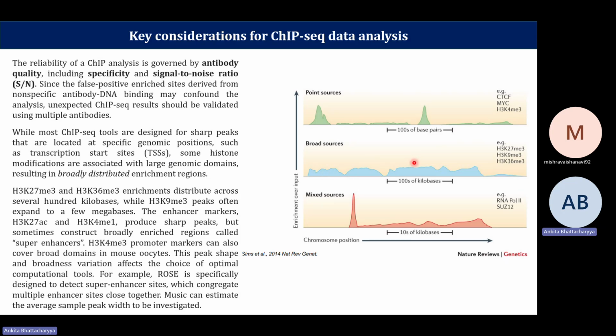The third type is a mixed enrichment over input. Somewhere you would find a broad peak, somewhere you would find an enriched peak. You would see this for different types of factors like RNAPol2 or activation or repressor complexes, like SUZ12 complexes.